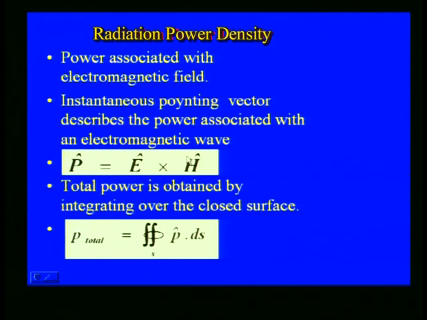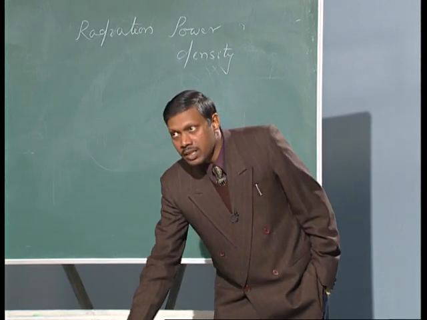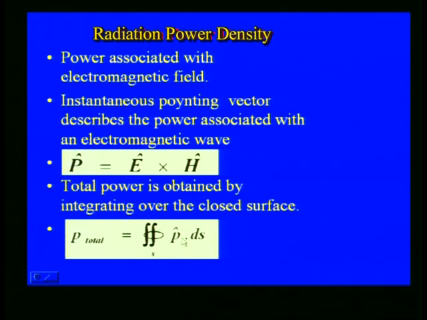So, if this power density is integrated over the closed surface encompassing it, then we get the total instantaneous power. So, that is the reason the instantaneous Poynting vector is integrated over the closed surface, and that gives you the total instantaneous power.